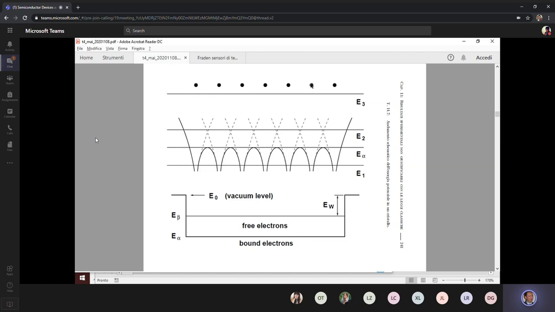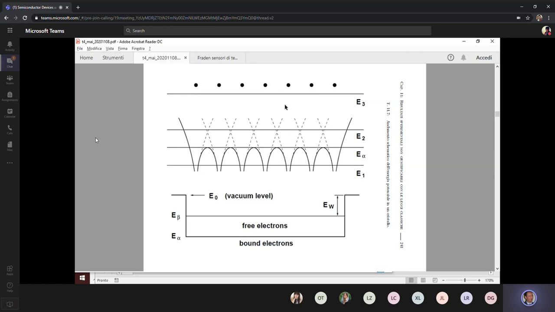source of this potential energy. When we put many atoms aside, each of them provides its own potential energy, but the potential energy of this atom will add up to the potential energy of the next atom, and so on and so on.